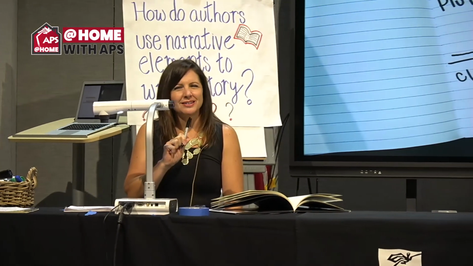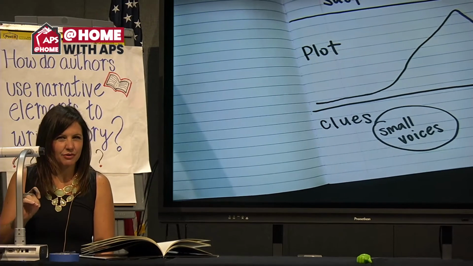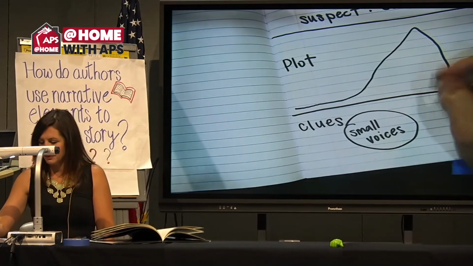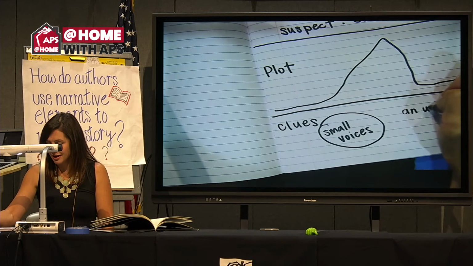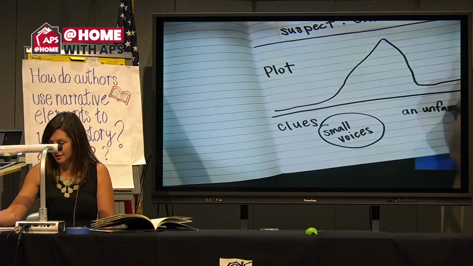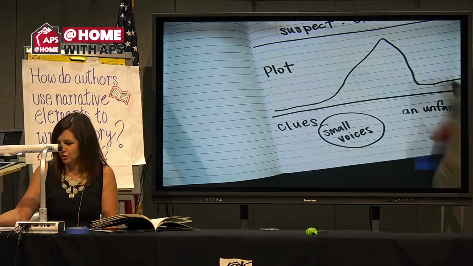Because I speak English, I'm going to say that Bob speaks English, and this is not English, but it's also not Spanish or French. It's something he's not familiar with. I will say an unfamiliar language.